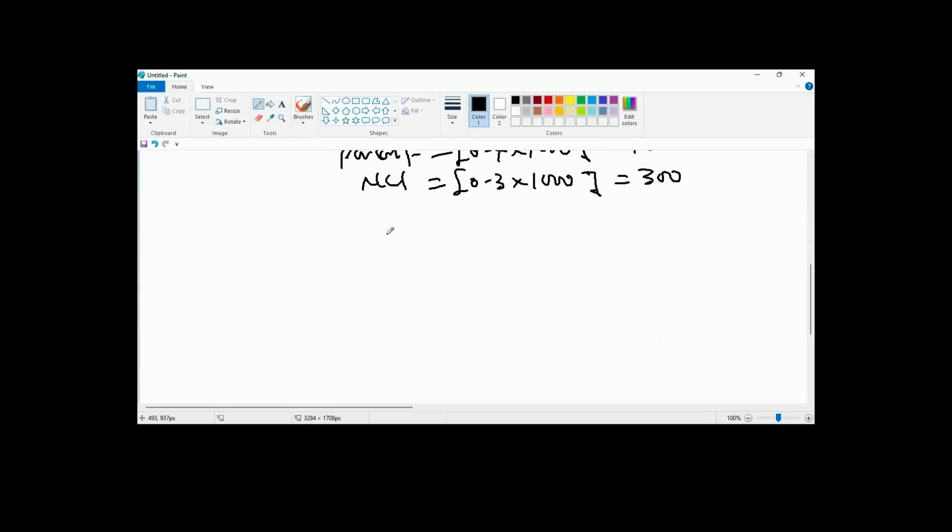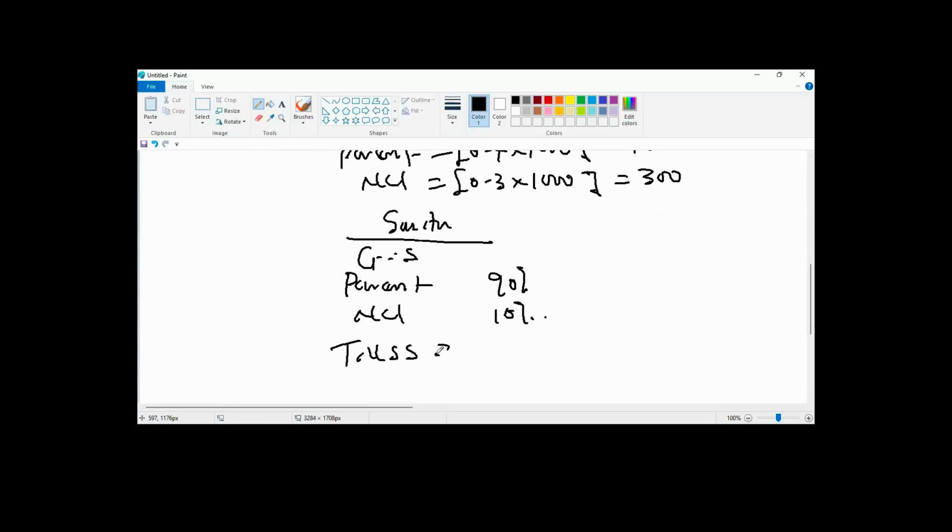Smith's group structure: parents 90%, NCI 10%. I'll say total numbers of shares in subsidiary equals values of the shares over nominal value, which is 2,000 divided by 0.25, that will give me 8,000.